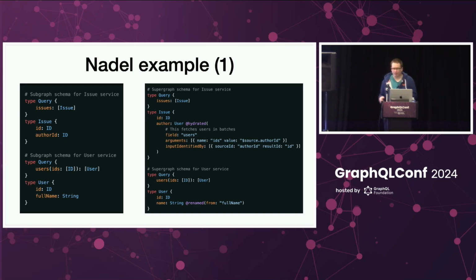And as you can see, the Supergraph schema for the issues has the directive hydrated, which tells our Nadle, our execution engine, how to transform authorId, which we see on the left side in the subgraph, into a full user object. But the actual schema is just written out.